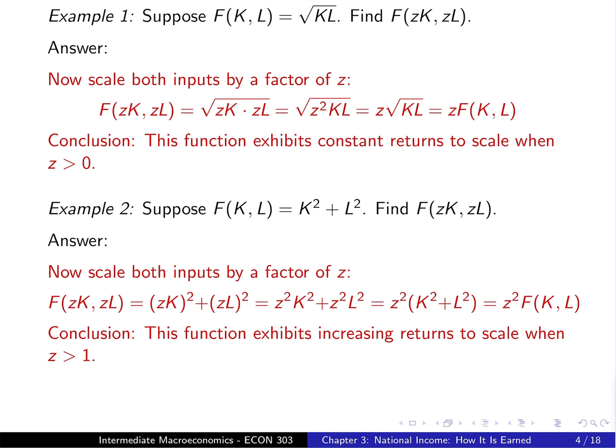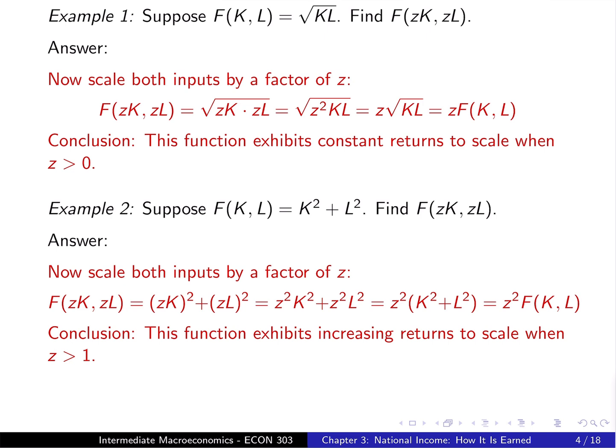That equals the square root of Z squared KL. That equals Z times the square root of KL. That equals Z times F(K, L). Conclusion: this function exhibits constant returns to scale when Z is greater than 0.